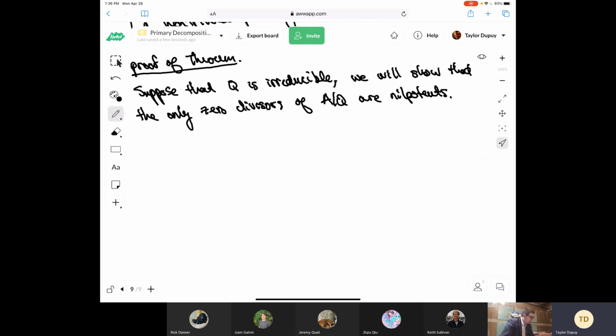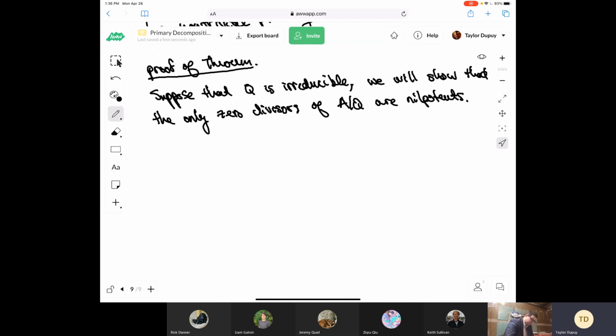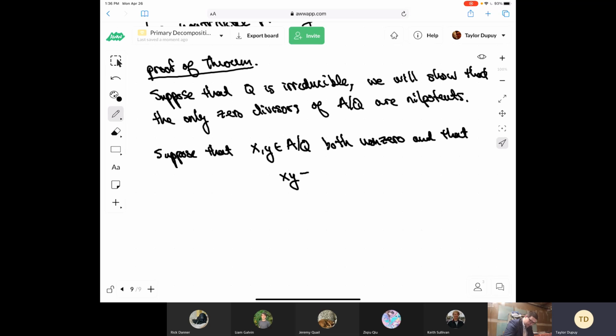Okay, so here's what we'll do. We'll suppose that x and y are in A mod Q, both non-zero, and that xy is equal to 0, in the quotient.